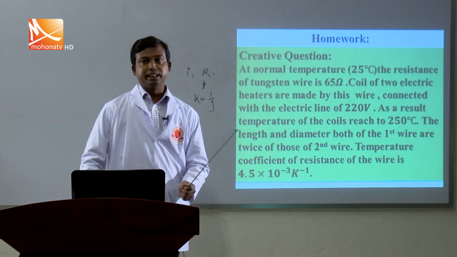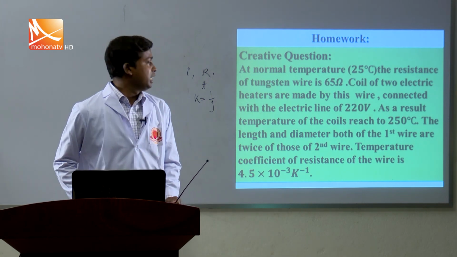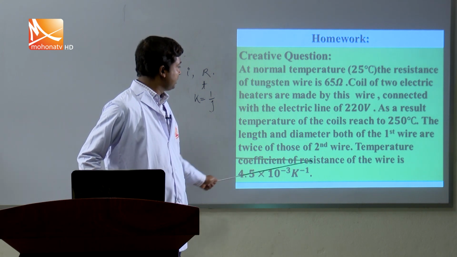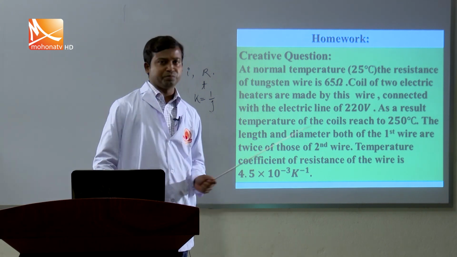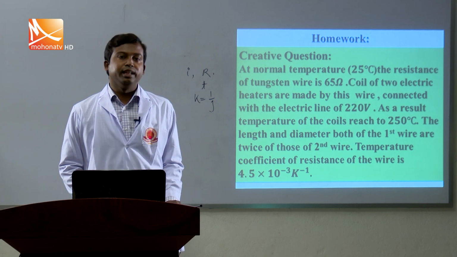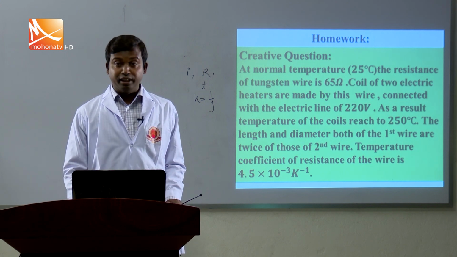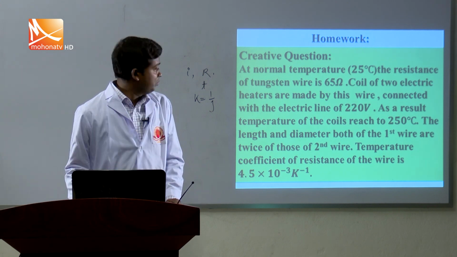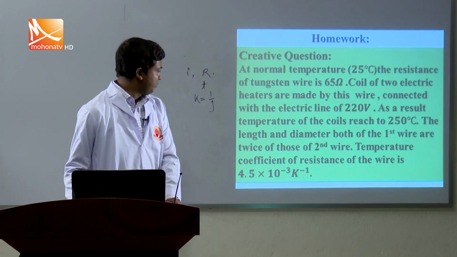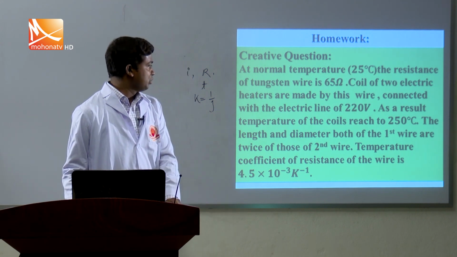So many pieces of information are given here, and in this case I have just related two topics of today's lecture, that is heat generation and the laws of resistances. So, what are the questions here?